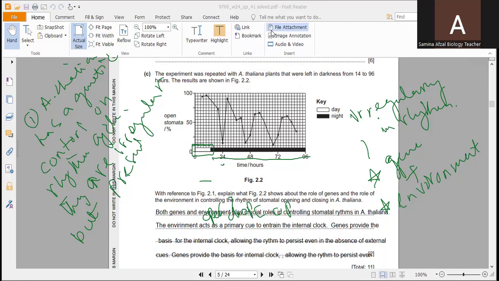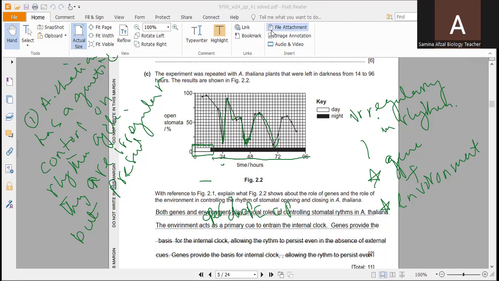But even in the darkness, the plant is showing the rhythm, opening a little bit, but these are not very sharp. So the rhythm is there even in the darkness because this rhythm is due to their genetic expression. It is due to the expression of the genes.